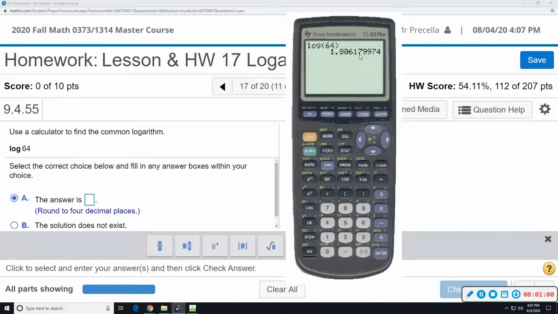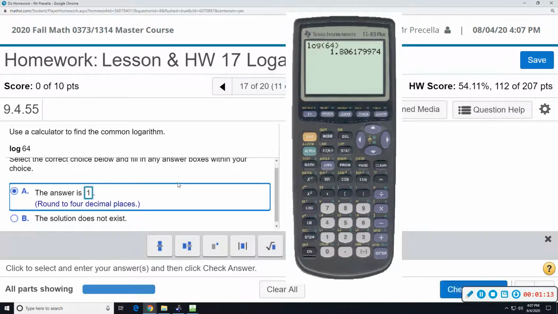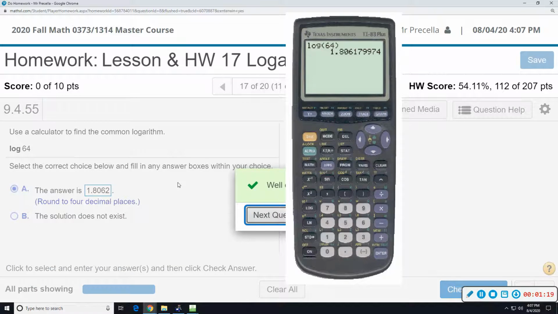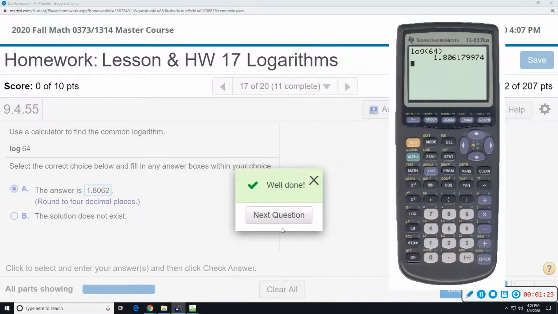You look at the 7, and if that digit is 5 or larger, you round it up. So I'm going to type in 1.8062. There. Okay. We'll head on to the next question.